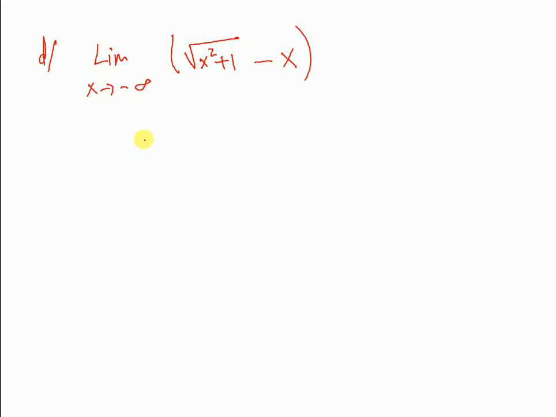But if you think about this one, when x goes to a very negative, huge number, remember we have a negative here. If you plug it in, negative and negative become something positive, so a very large number.